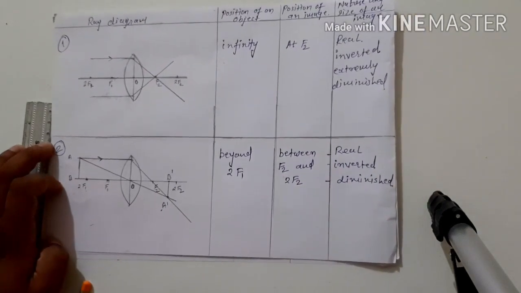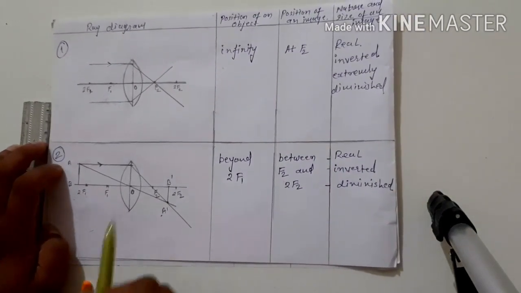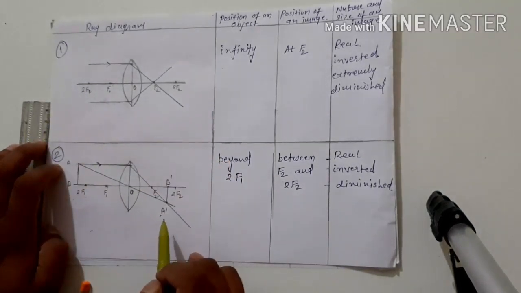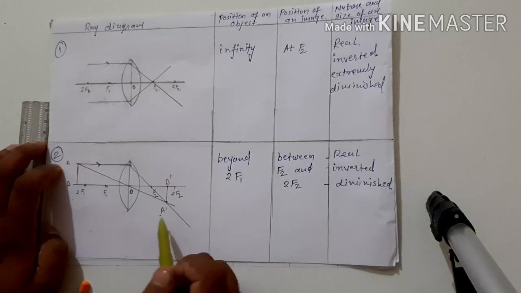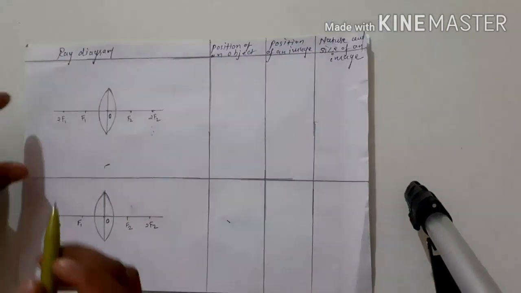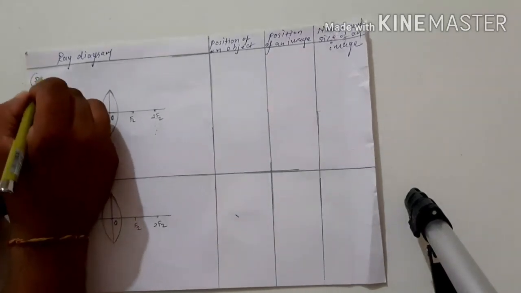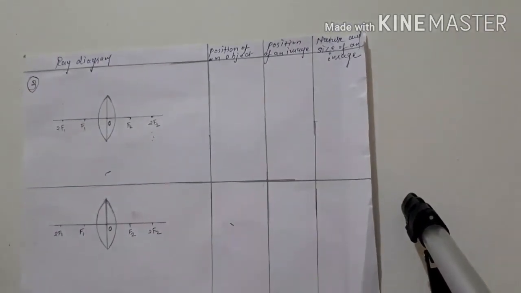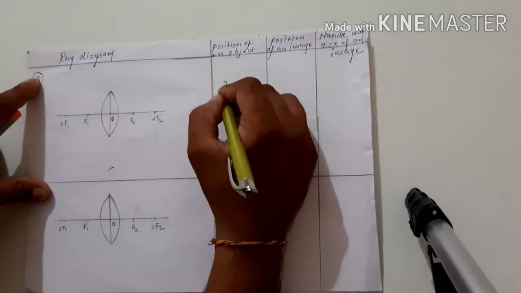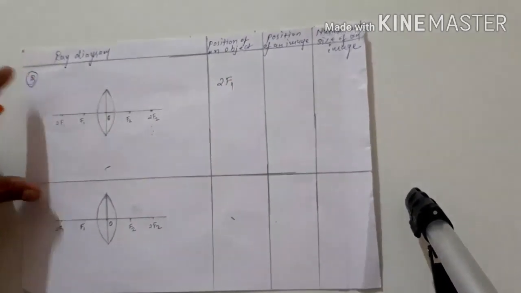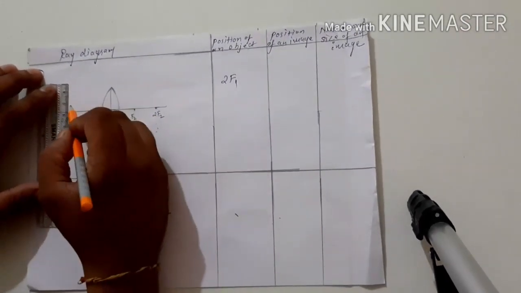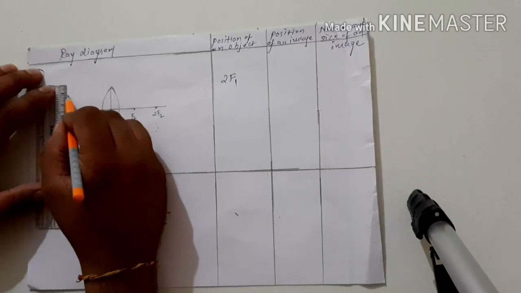First case, second case, which is beyond 2F1. Now let us see the third case. In the third case, we will place our object at 2F1. We are drawing our object like this.